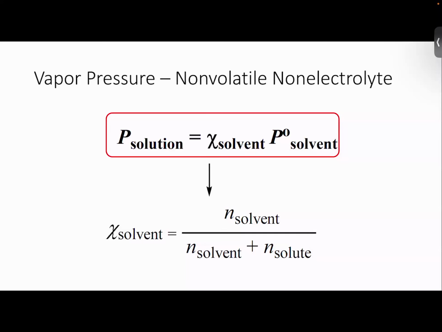On Thursday, when I talked about mole fraction, the main mole fraction I focused on was the mole fraction of the solute. But again, you can do the mole fraction of the solvent. It is dependent upon what you need. And in this particular example, where we have a non-volatile, non-electrolyte, we need the mole fraction of the solvent. And so that is what we calculate, with the moles of solvent in the numerator.